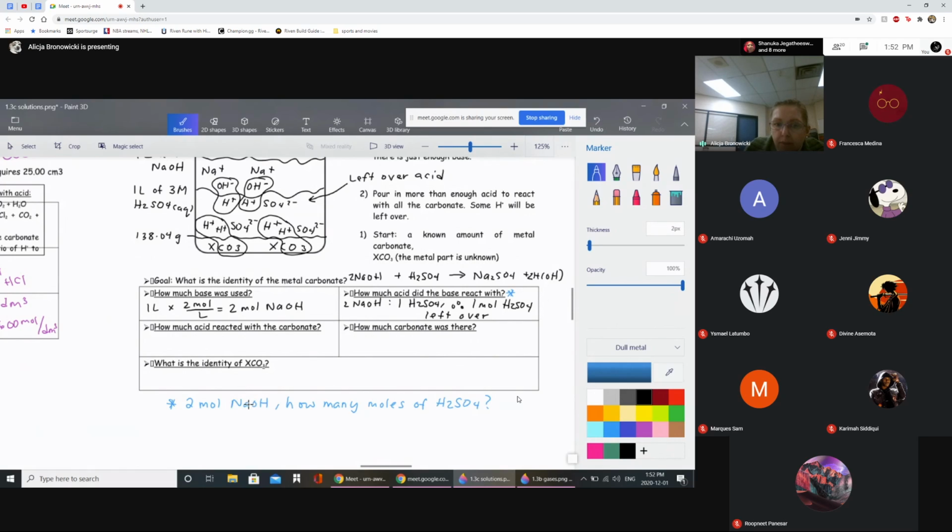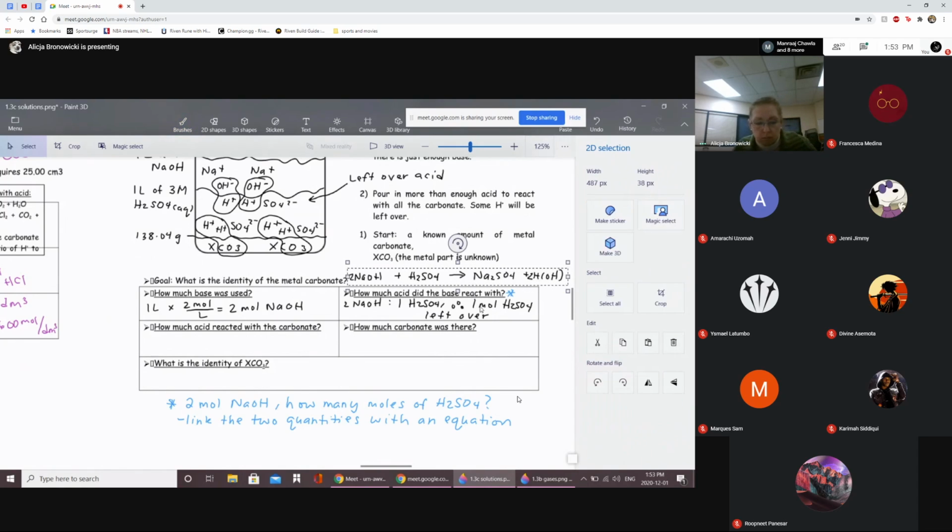Whenever you have one quantity and you want to figure out another quantity, you have to link the 2 quantities with an equation. So this is my equation up here. Let's just copy it. There's my equation.